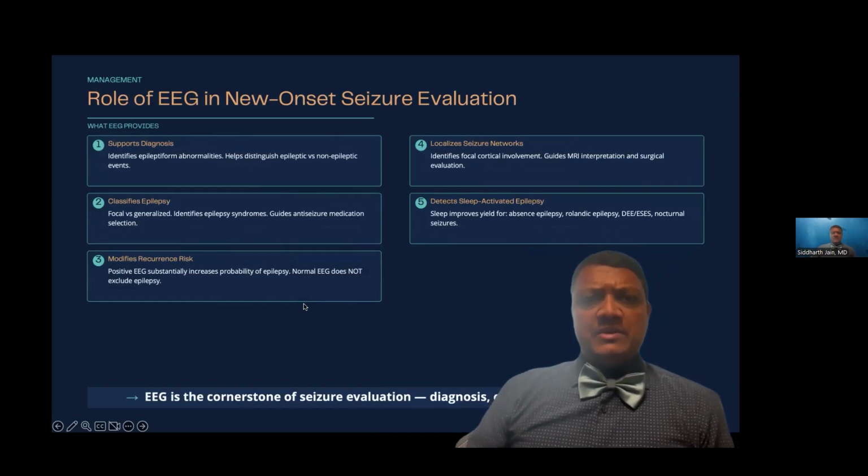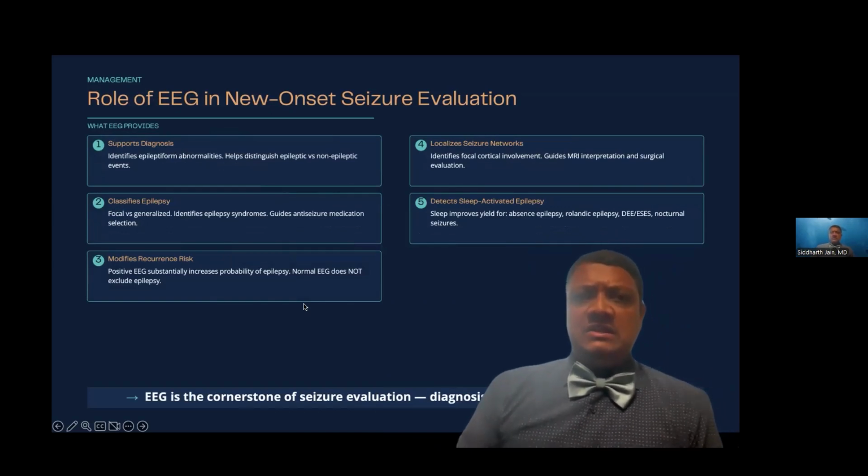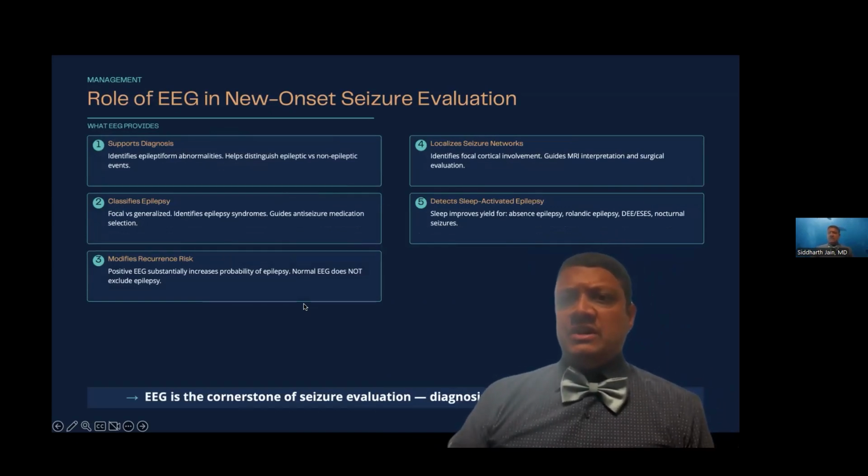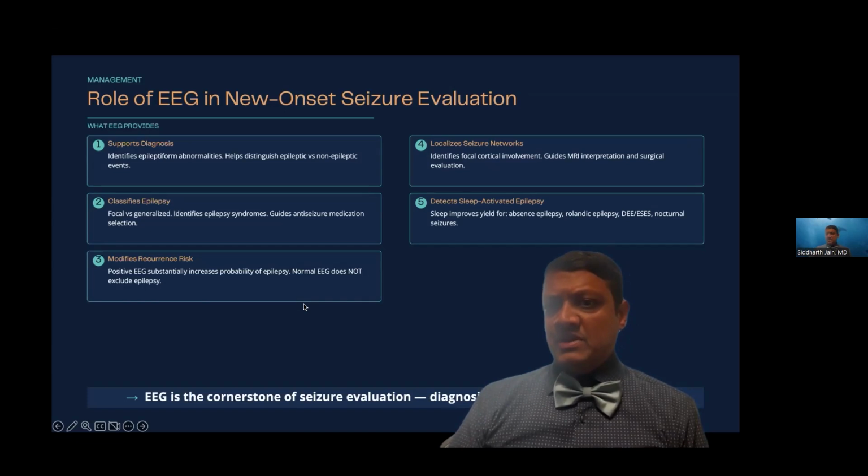Let's talk a little bit about the role of EEG in onset seizure evaluation. Why do we need an EEG and how does it help us, not just in confirming or ruling out a diagnosis of a seizure or epilepsy, but even beyond that, helping us better understand the underlying condition that's driving the patient's seizures?